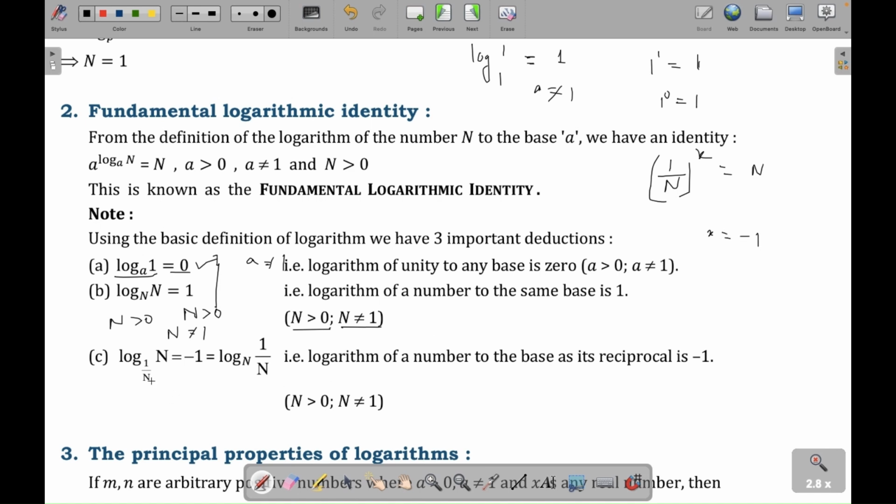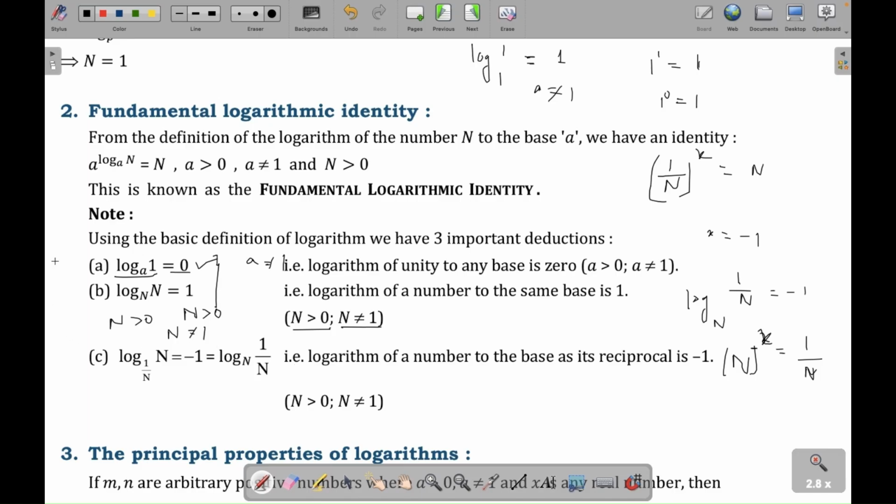Similarly, log of 1 upon n to the base n is also minus 1, because if you ask yourself, what should I raise n to in order to get 1 upon n, it is again minus 1. So log n to the base 1 upon n is equal to minus 1, and it is also equal to log 1 upon n to the base n.